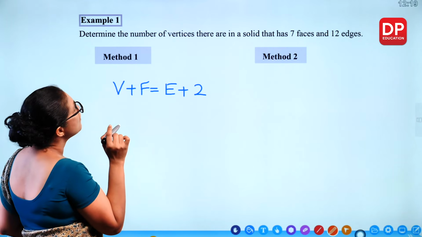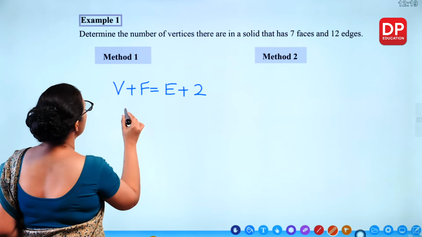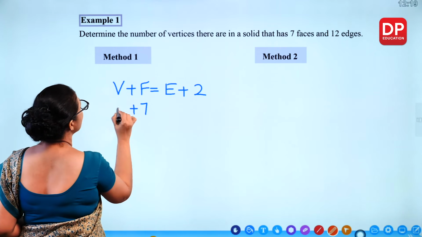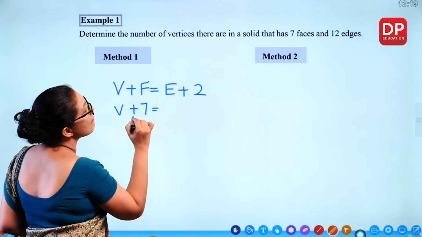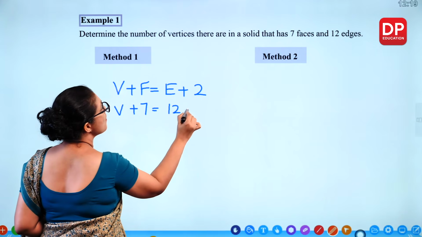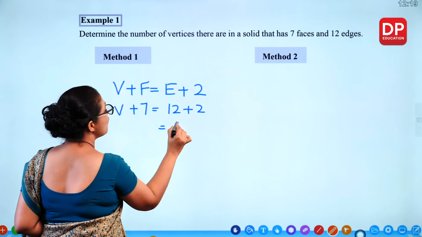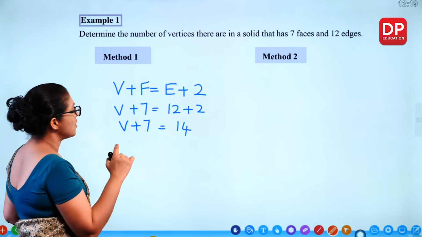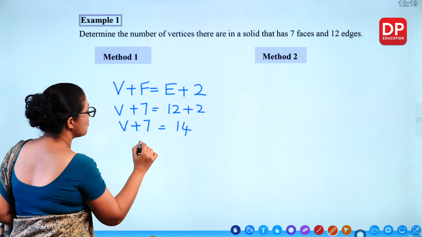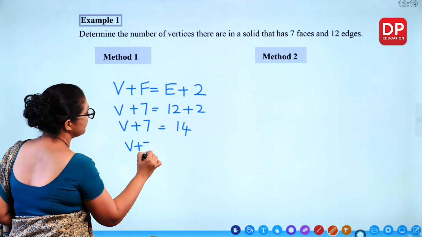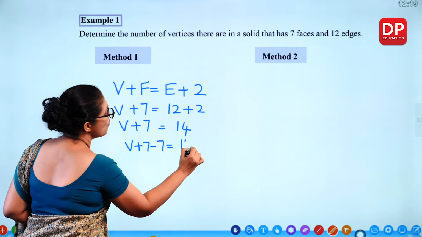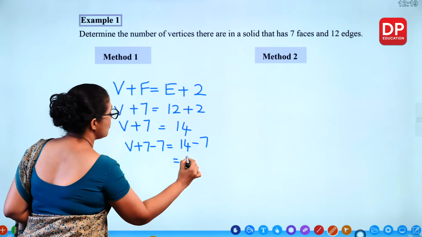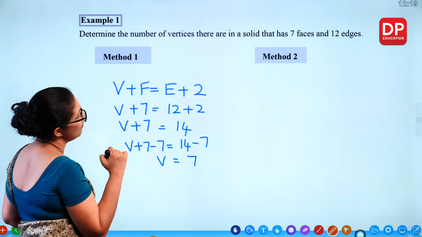Now we'll substitute the values. 7 faces, 12 edges, 12 plus 2. So you get 14. So this is a simple equation. How you find V? Subtract 7. 14 minus 7, you get 7 for V.